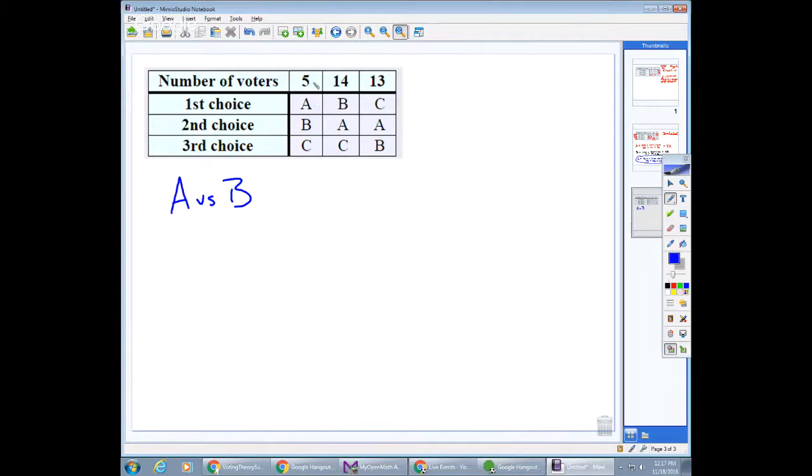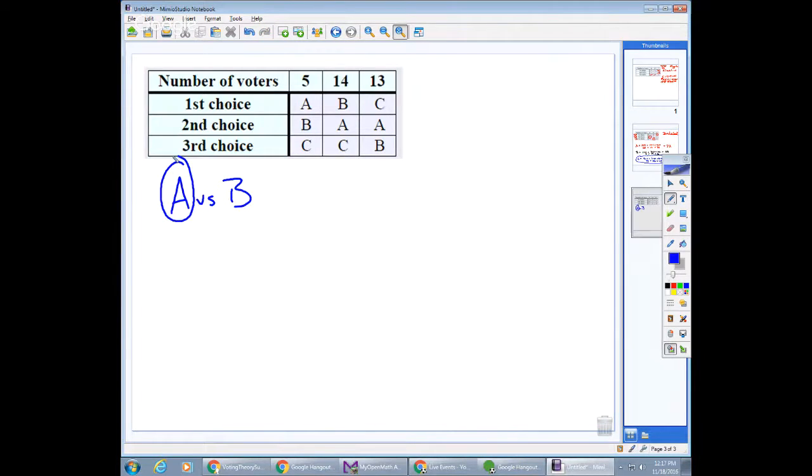A wins 5 here, B wins 14 there, A won 13 there. So just A versus B, A wins 5 and 13 versus 14. So A versus B, B is the winner. Oh, I can't count, right. A is the winner. Thank you.